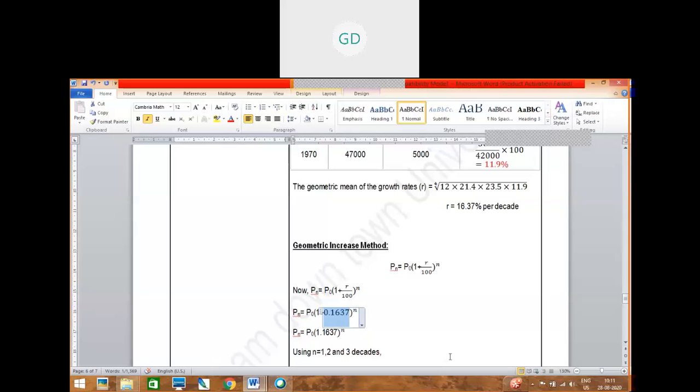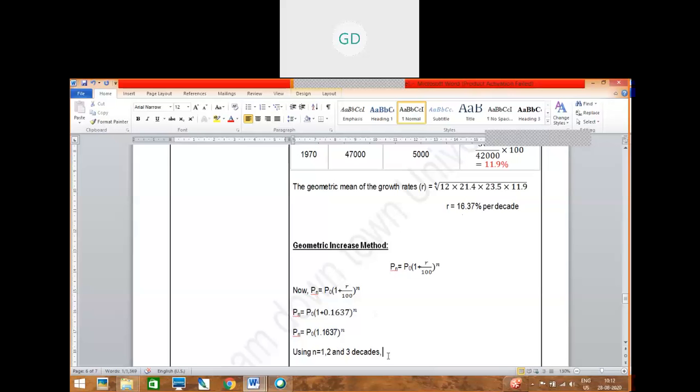Yes, ma'am. After dividing your r by 100, that is 16.37 divided by 100, you got 0.1637. So 1 plus 0.1637 makes 1.1637. Clear up to here?